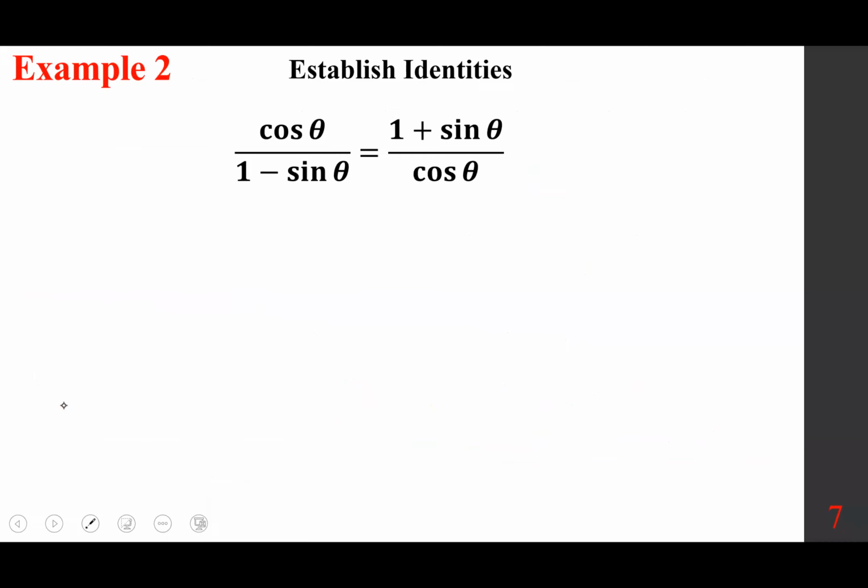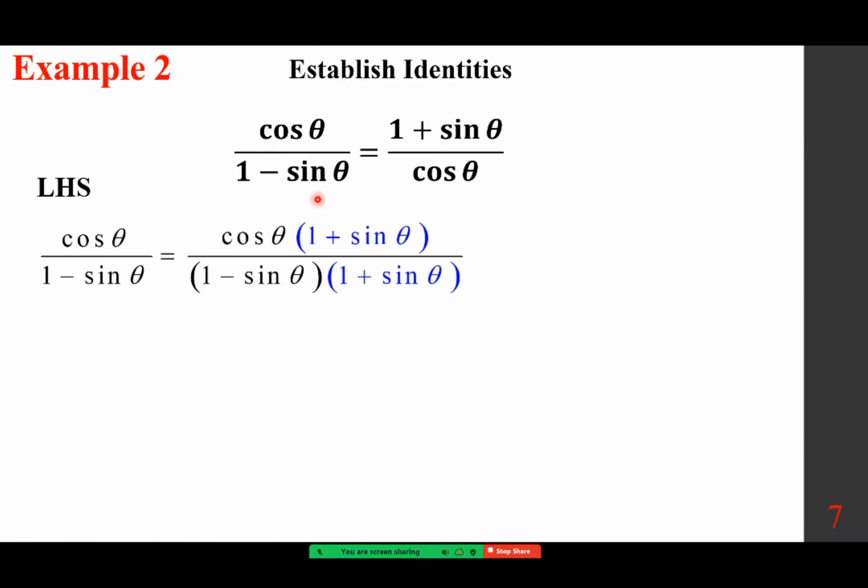Or the technique that was given to us in the previous page, we multiplied both sides by 1 minus cosine theta, and we divided by 1 minus cosine theta. So if we start with one side, for example, with the left-hand side, then we multiply by the conjugate of this, okay?